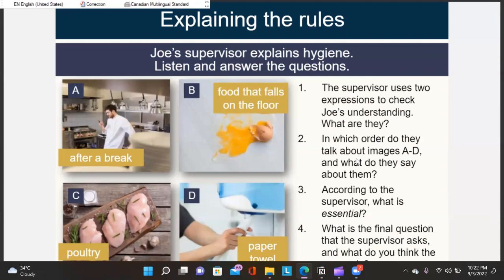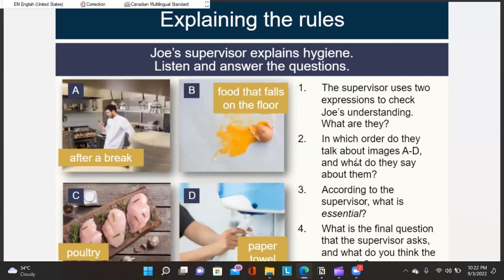So, according to the supervisor, what is the main idea, the title, and the essential thing that he's focusing on? Go ahead, Amin, please. After sanitizing his hand, he has to dry it. Yes.